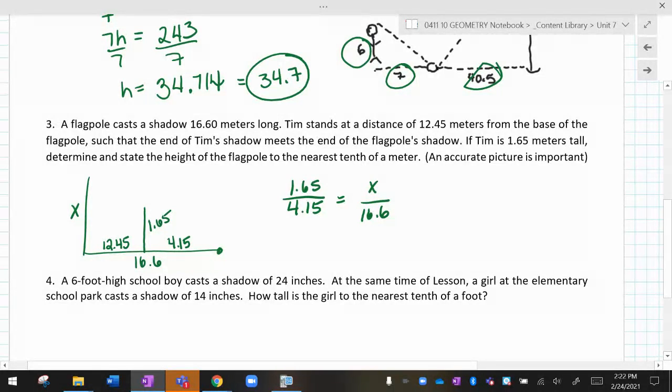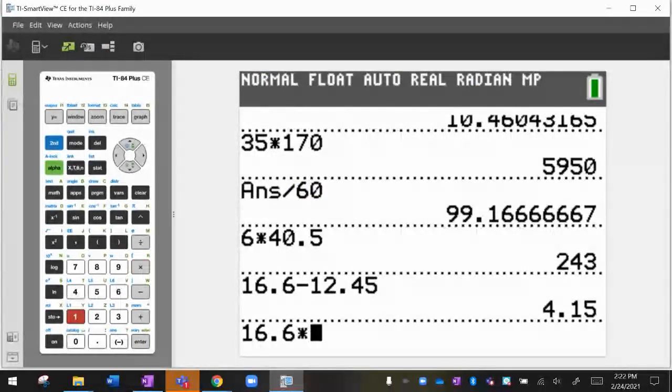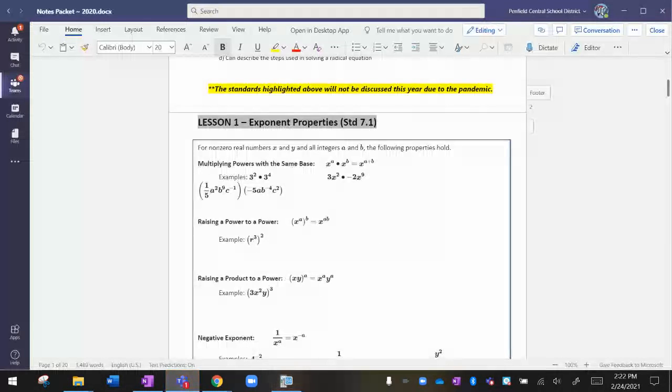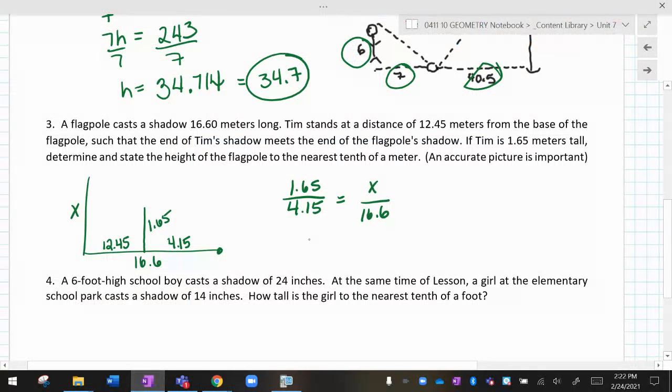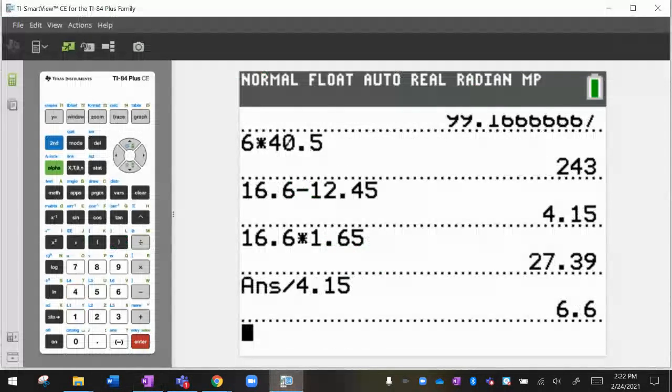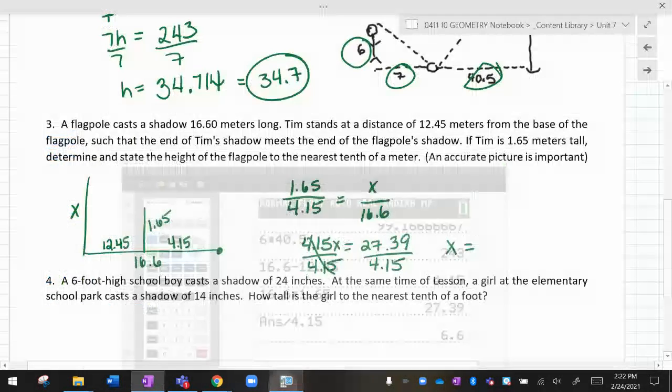Now I cross multiply and solve. 16.6 times 1.65 is 27.39. Whoops. So 4.15x equals 27.39. Divide by 4.15. 6.6.